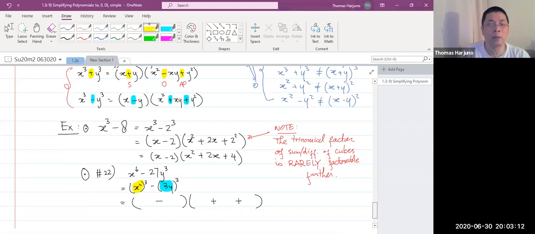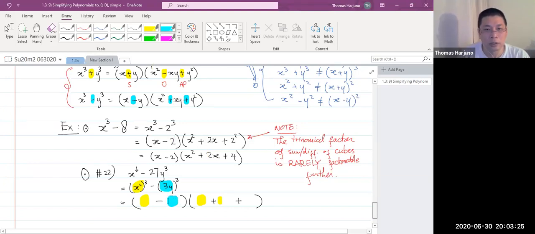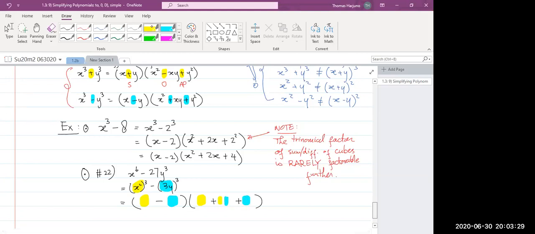And then how about the terms? This will be the same base, something being squared, something here, something here, something squared here.